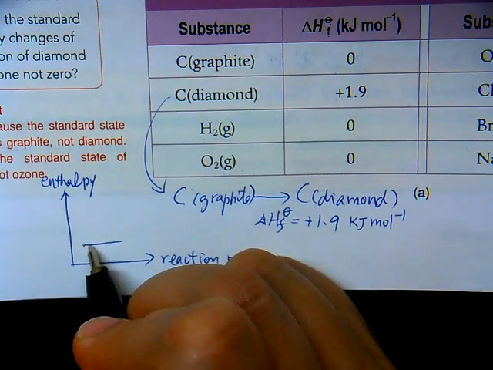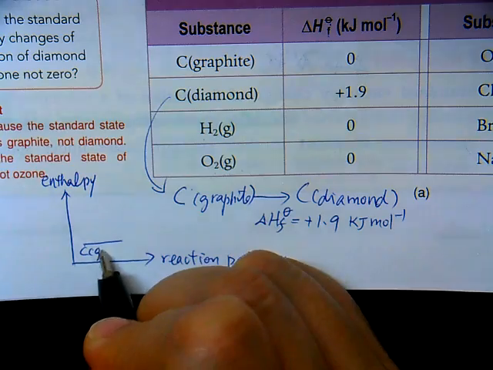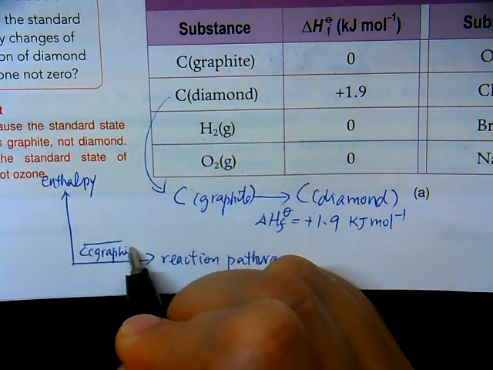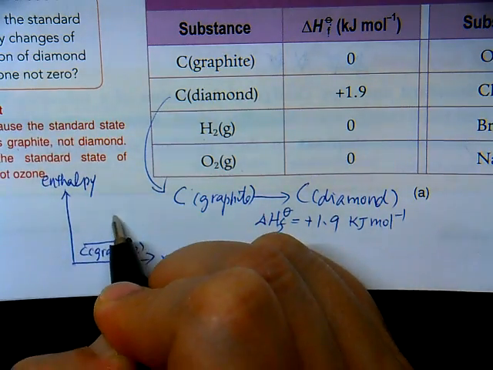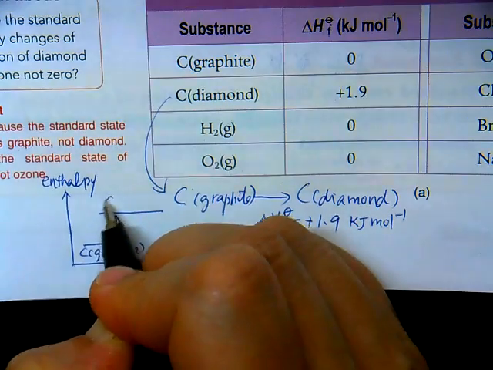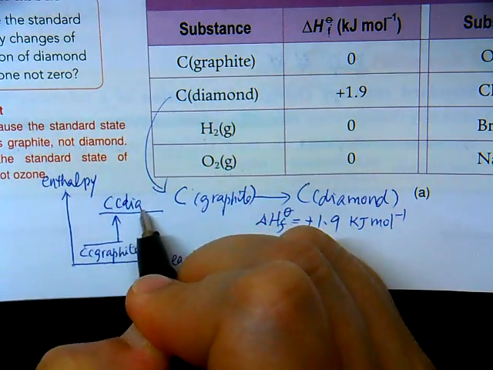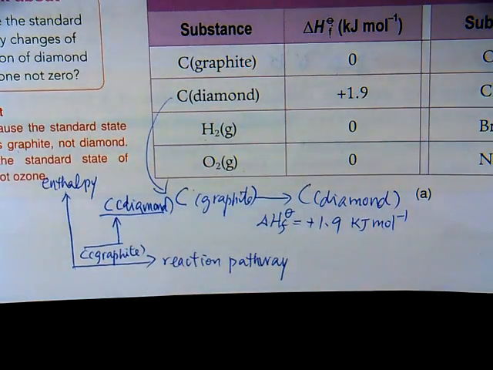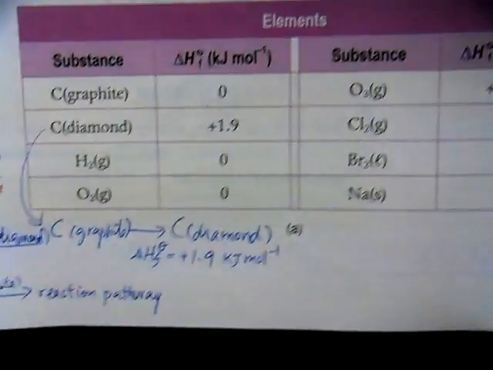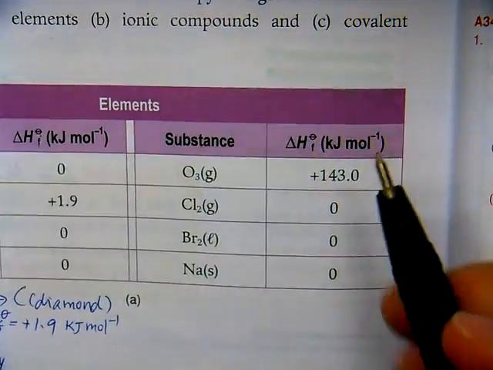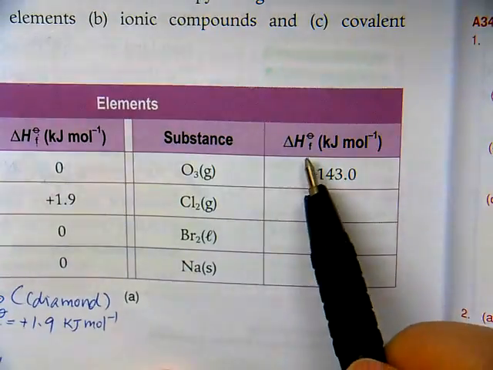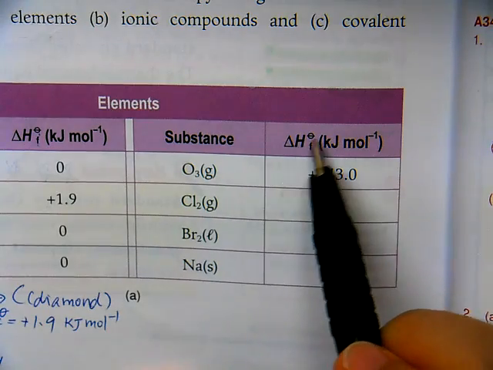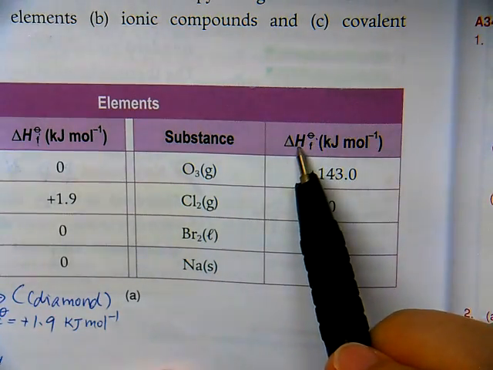So here is the enthalpy of graphite, then pointing upward. Here is the enthalpy of diamond. Is there any problem?